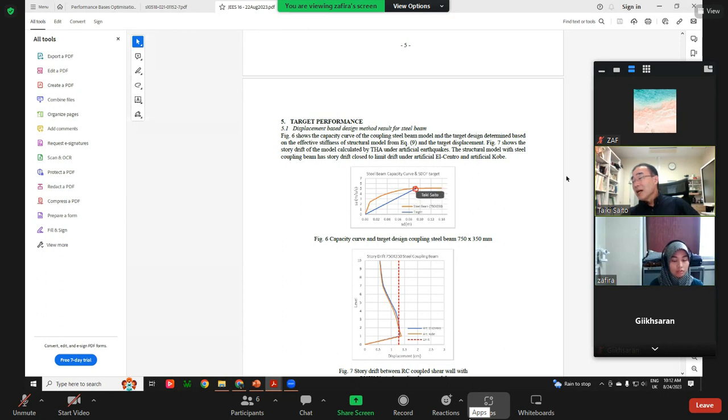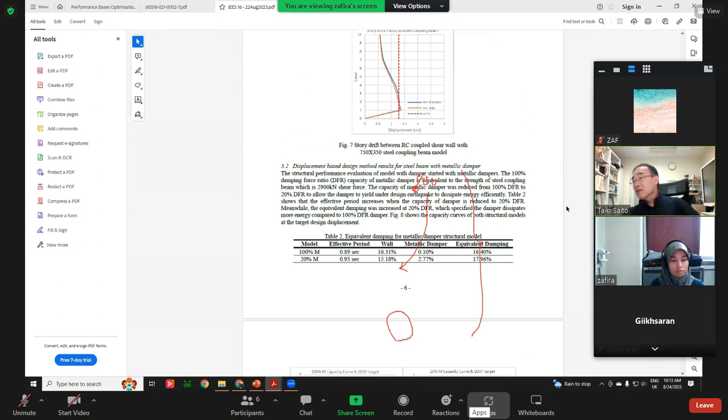The target displacement is designed to satisfy 1/150 story drift, and this story drift is this dotted line. And the result of the time history is also a very good match. So this is the ideal solution.